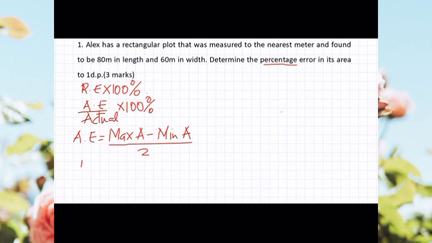So when we look at our question, we have to ask ourselves, where did the error occur? The error occurred when we were taking the measurement. Note that the measurement is measured to the nearest meter, and so this means it is to the nearest whole number.